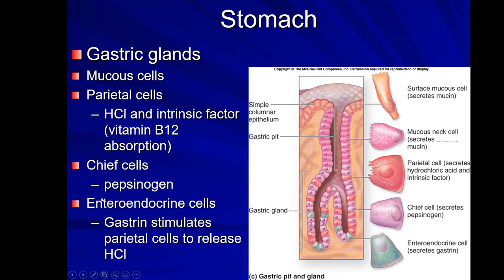So other cells, chief cells, secrete something called pepsinogen. Pepsinogen is important in the breakdown of protein. And then we have these enteroendocrine cells, which secrete a hormone called gastrin, which stimulates the parietal cells to release the hydrochloric acid. So all these cells work together to maintain the pH and regulate some absorption in the stomach.